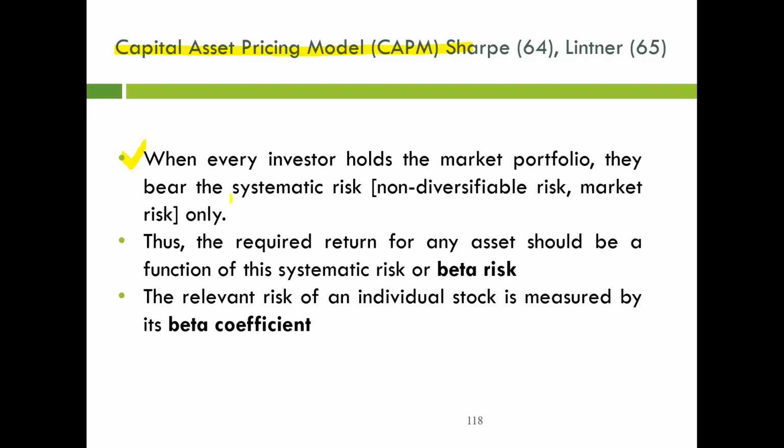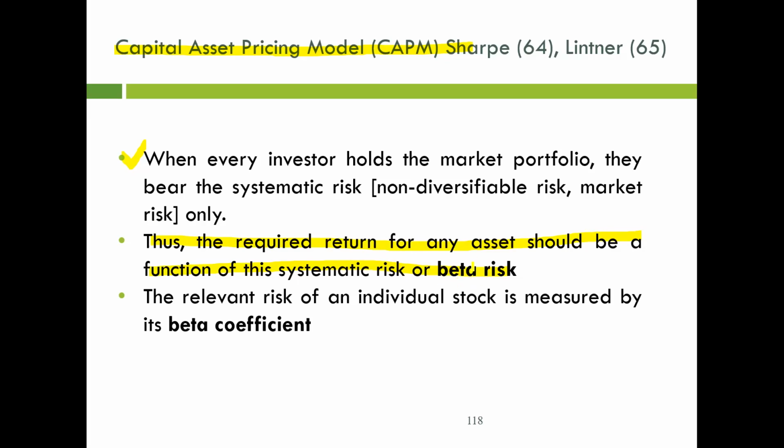Thus, the required return for any asset should be a function of the systematic risk, or the beta risk. Now this is clear, this is the equation I mentioned at the very beginning. So the required rate of return for any asset or portfolio should be a function of systematic risk, a function of beta risk.